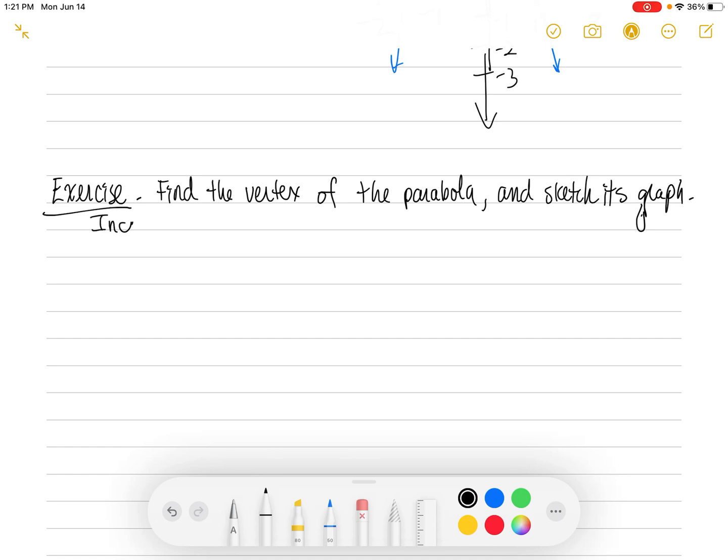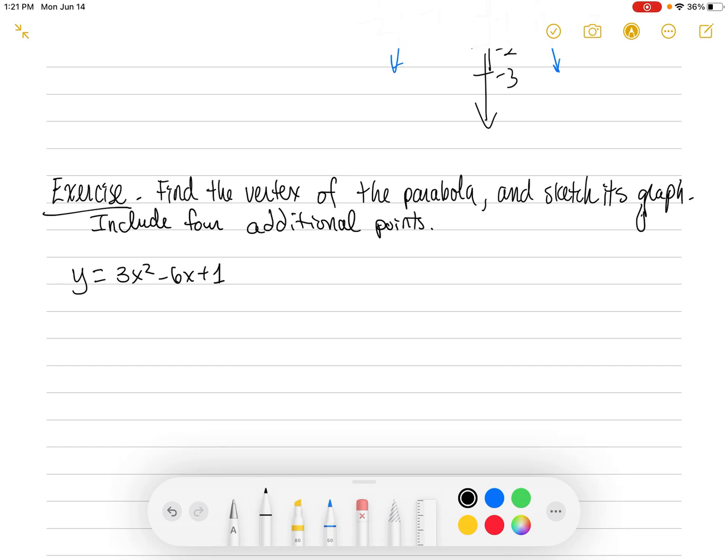It doesn't say anything here about finding the x-intercepts and y-intercepts, notice, so you're not required to find those. Include 4 additional points besides the vertex. Okay, so we're not finding the x-intercepts and the y-intercepts in this one.